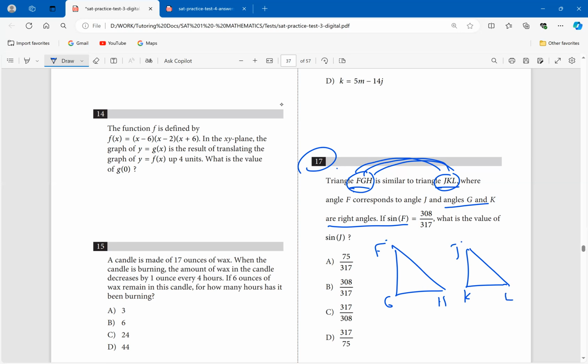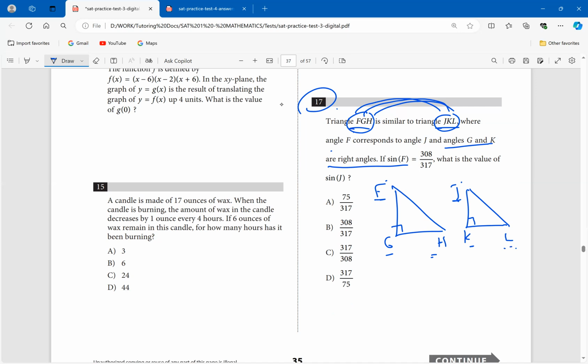F corresponds to J, G corresponds to K, and H corresponds to L. Now you see, G and K are both right angles in these triangles, as they say. So yes, this diagram must be correct.